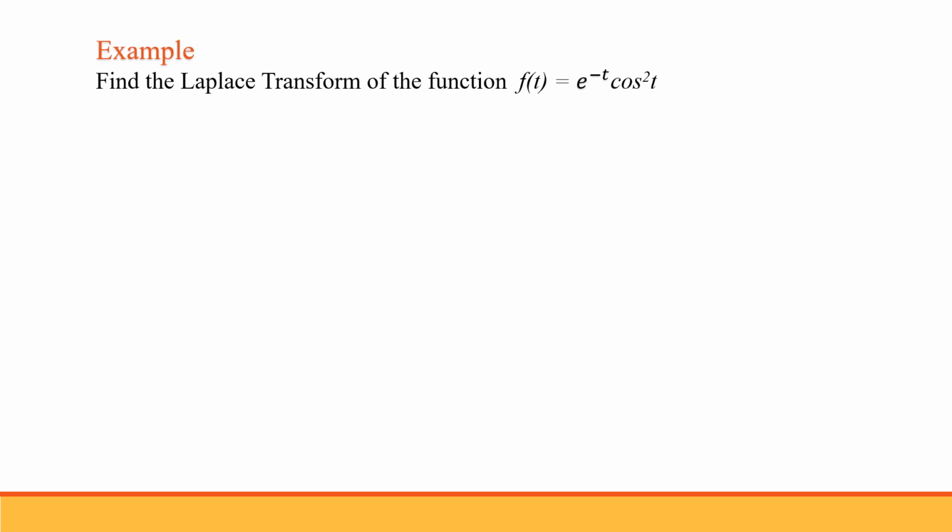Let's take another one. Find the Laplace transform of the function f(t) equal to e to the power minus t cos squared t. Now for the solution, first of all we need to change the term cos squared t into a simpler form by using a trigonometric relationship. So we know that cos 2t equals 2 times cos squared t minus 1.